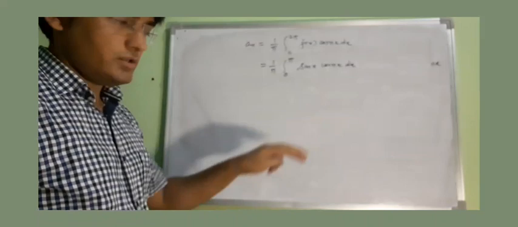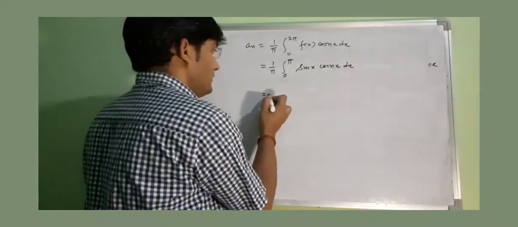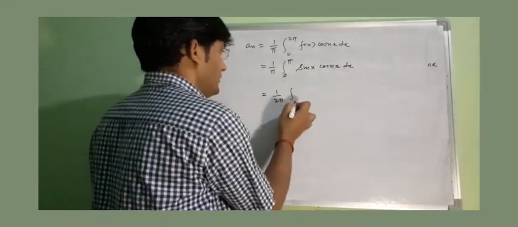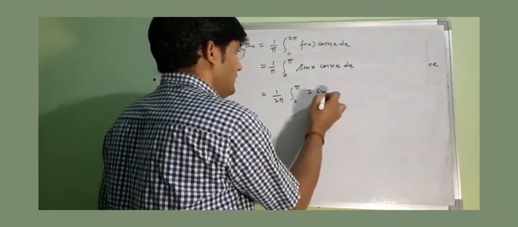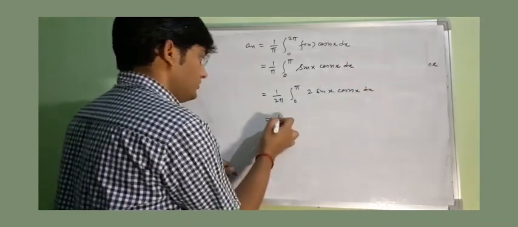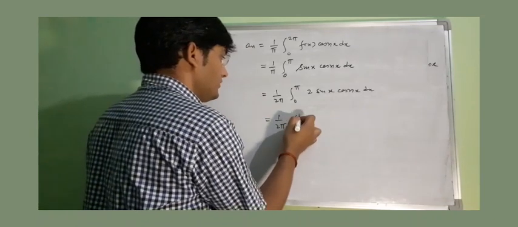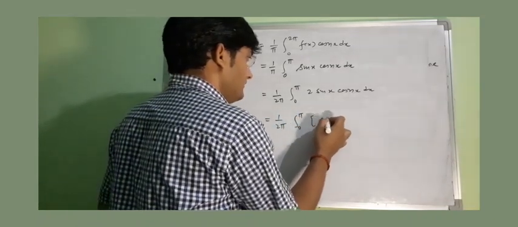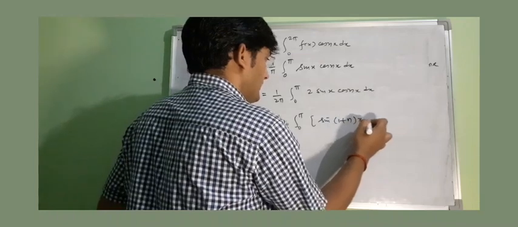So let us integrate this term. Now we can write it as 2 sin a cos b, and the value of 2 sin a cos b is equal to sin (a plus b) plus sin (a minus b).